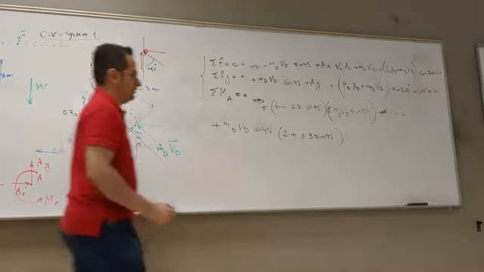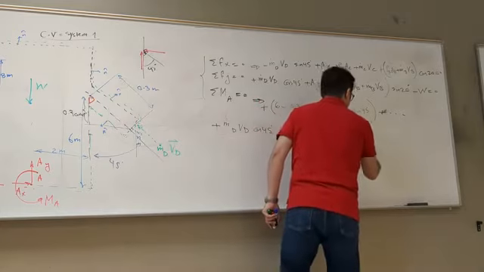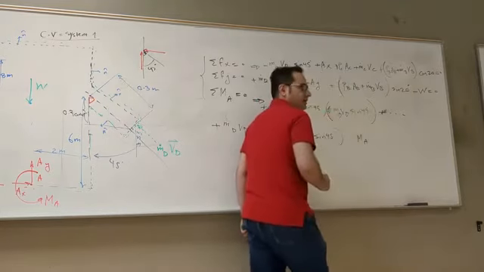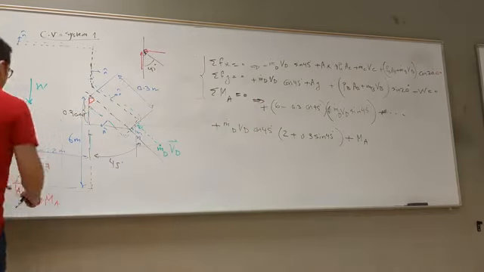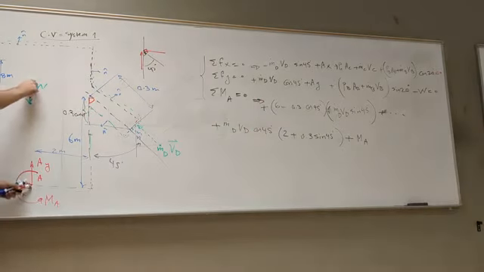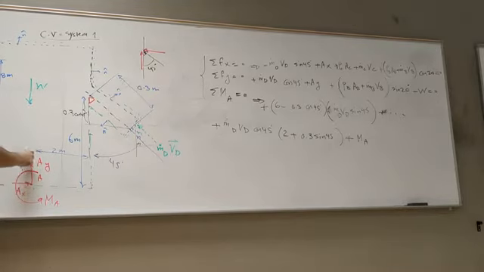I just put MA. Positive or negative? Positive. Now, what do I get from weight? Zero, it passes through that point.